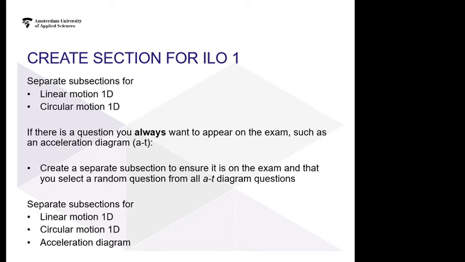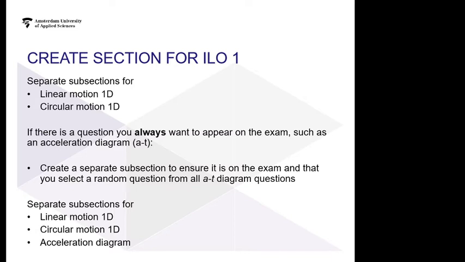To ensure that there is a question on this topic in the exam, I will have to create a subsection, and when I create the quiz, I will ask Brightspace to take one question out of the pool of acceleration diagram questions I have, randomly.